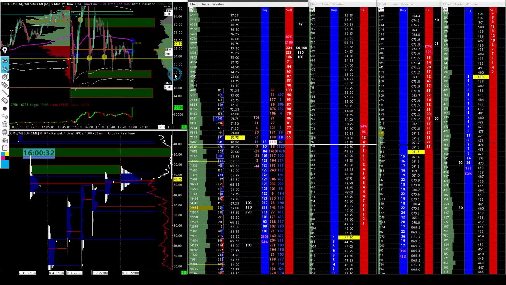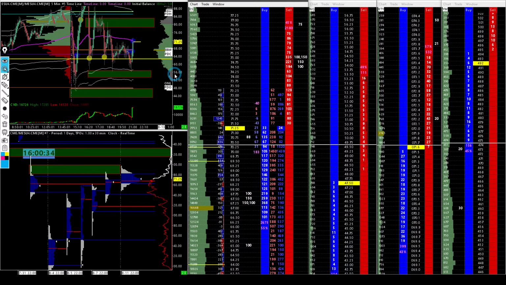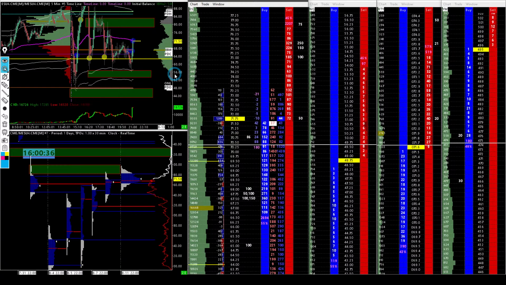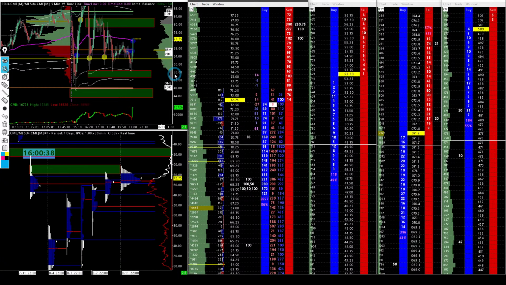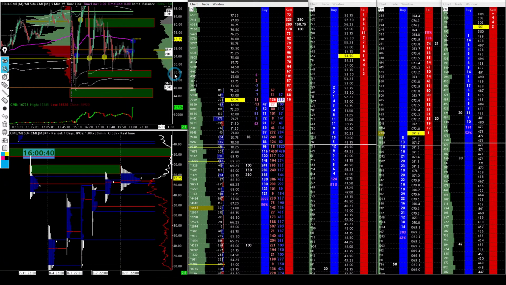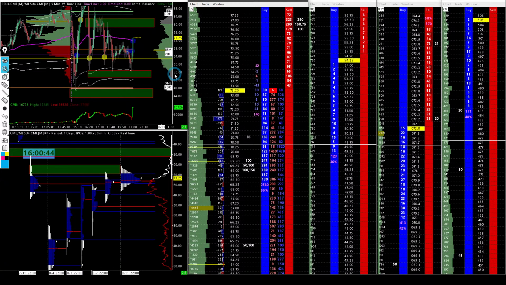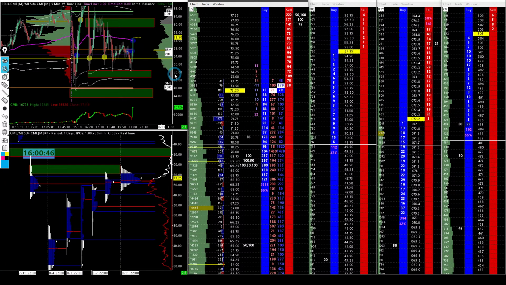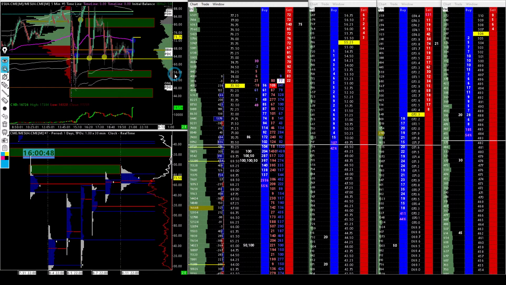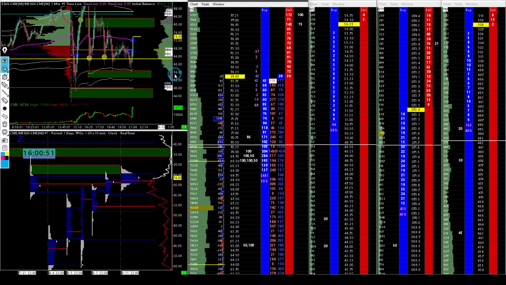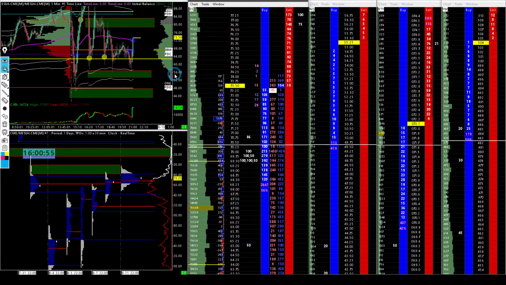Some amount of buying just came in there. Look at them just chewing the offer there. See that? Just exiting out all their positions along there. Yeah.